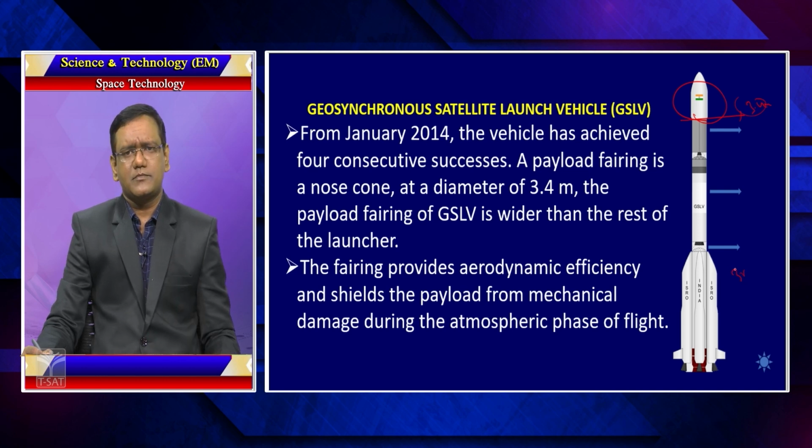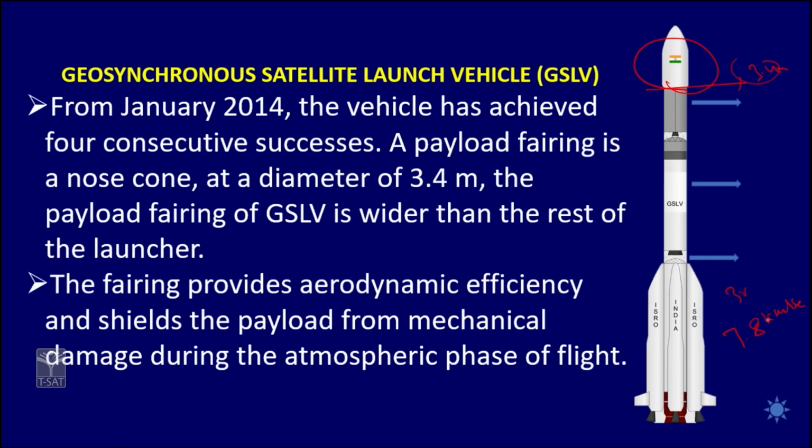I would just like to give you a small glimpse of this. When a satellite launcher moves at a speed of 7.8 kilometers per second, you can imagine how fast it is moving. If it moves with this speed, even a small dust particle would act like a bullet on this satellite launch vehicle. So we have to design this satellite launch vehicle in such a way that it would not be damaged.